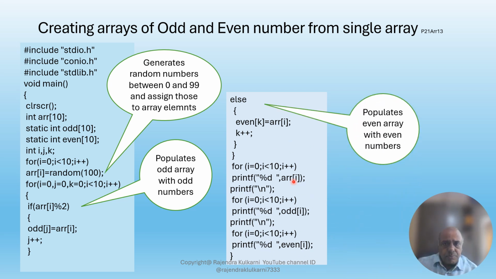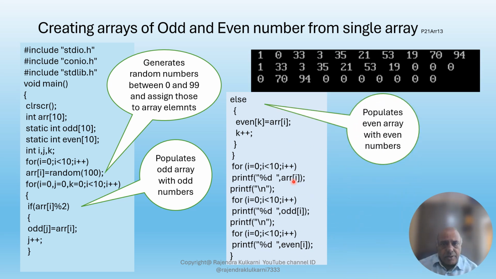So when I ran this program, I got three outputs: 1, 0, 33, 3 up to 94. These values are generated by the random function and assigned to array arr.